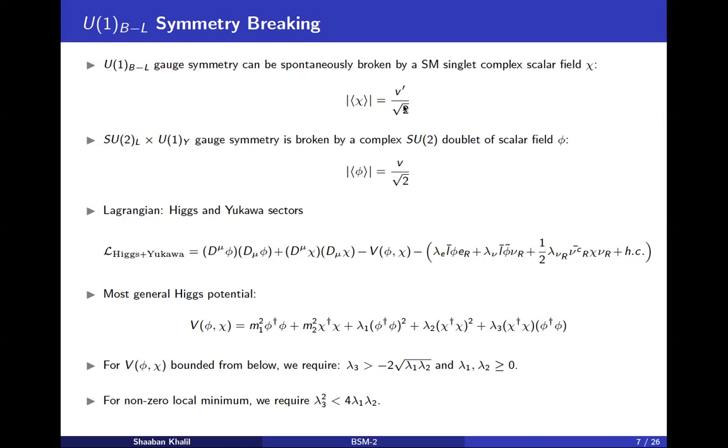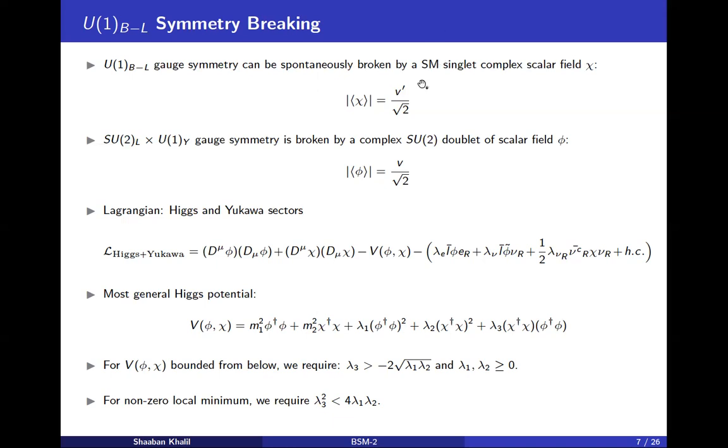So the issue is not just lambda 1, lambda 2 being larger than 0. The whole Hessian should be positive definite, so lambda 3 should also satisfy a bound. This is a known condition when we have 2 scalar fields in one potential.